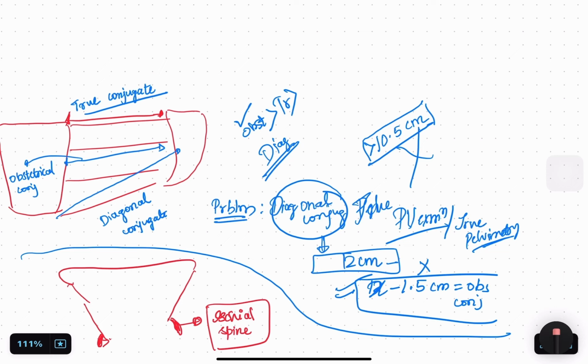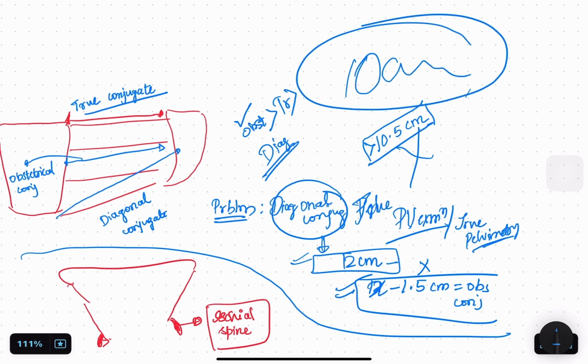But what do you do in clinical practice? You do a per vaginal or a true pelvimetry and measure the centimeters, and if your diagonal conjugate is less than 12, then you're not going to have a normal vaginal delivery. Okay, so you have to remember only one thing: if you are doing a per vaginal, 12; if you are calculating, 10.